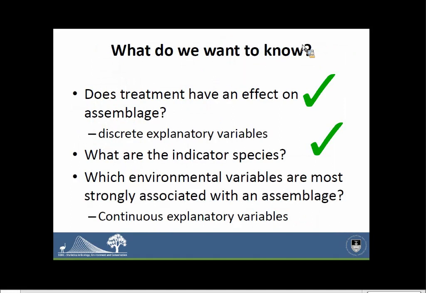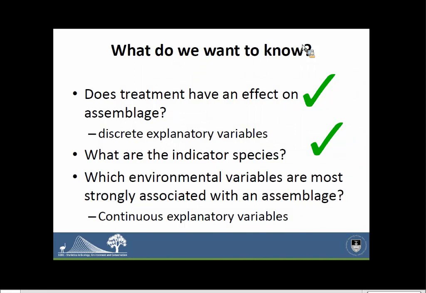Right, so now we know the treatment had an effect, and now we know what the indicator species are. So now another type of question that we normally ask is, which environmental variables are most strongly associated with an assemblage.